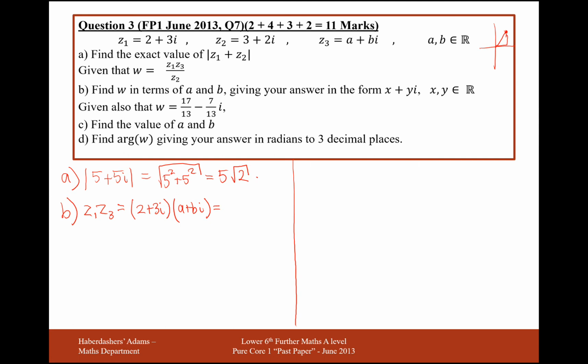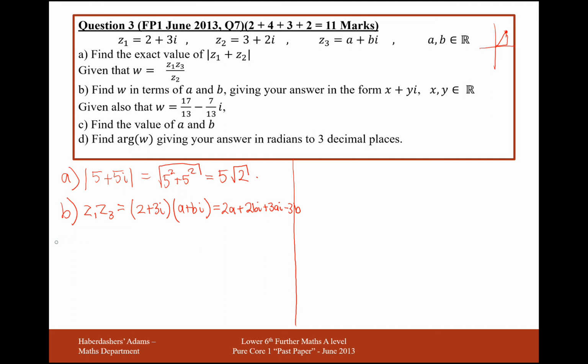So expanding these brackets, we're going to get 2a, add 2bi, add 3ai, and then it would be 3bi squared, and that would be minus 3b. The minus comes from the i squared being equal to minus 1.